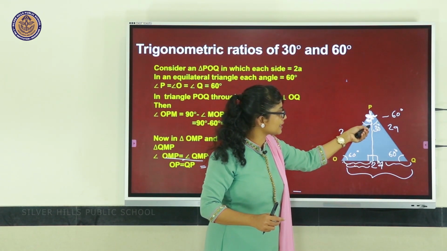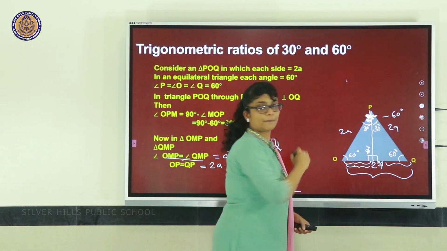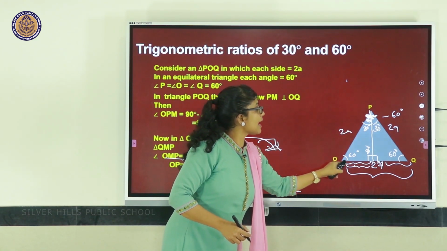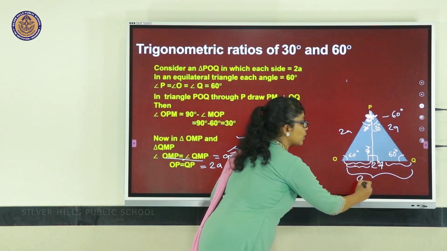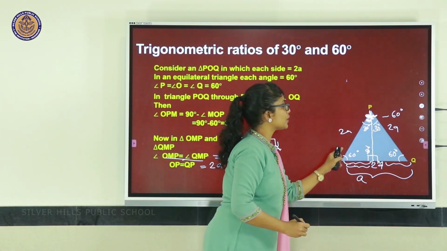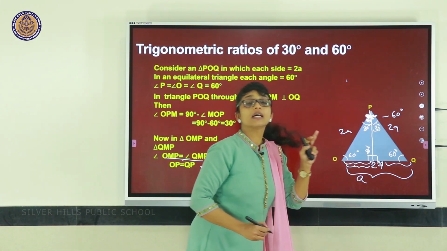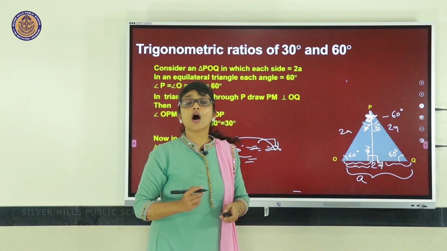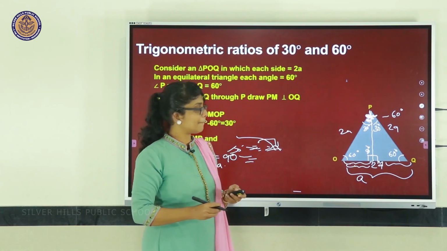This angle is 30 degree and this angle is 90 degree. Now the hypotenuse is 2A and the base OM equal to A. Then we can easily find the height of this right angle triangle. How? By Pythagoras property.